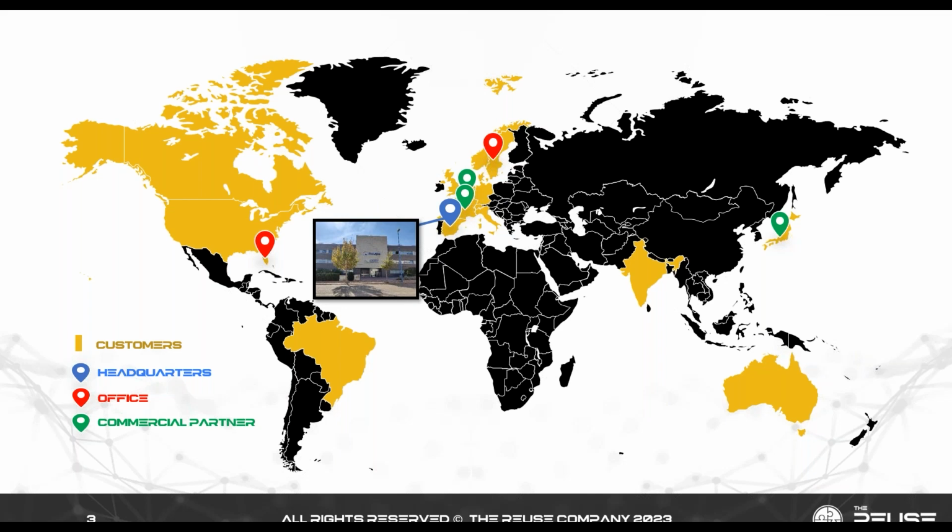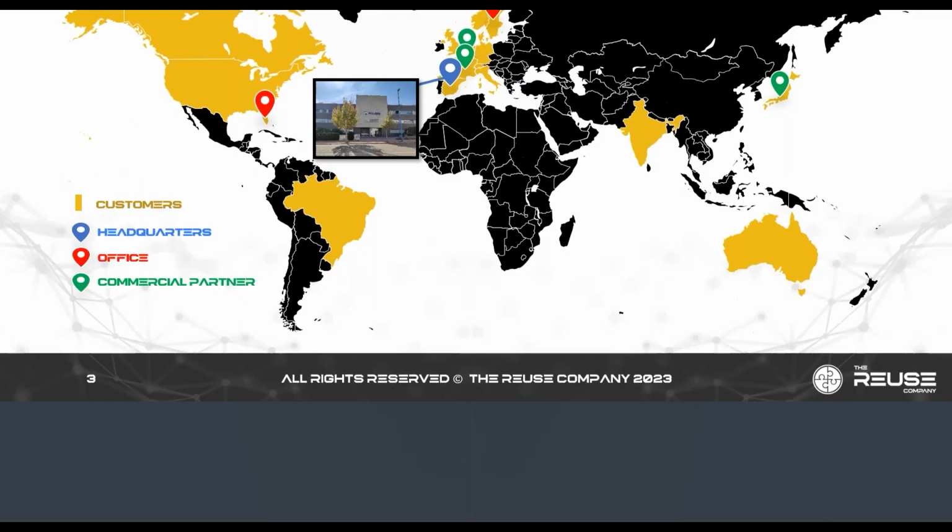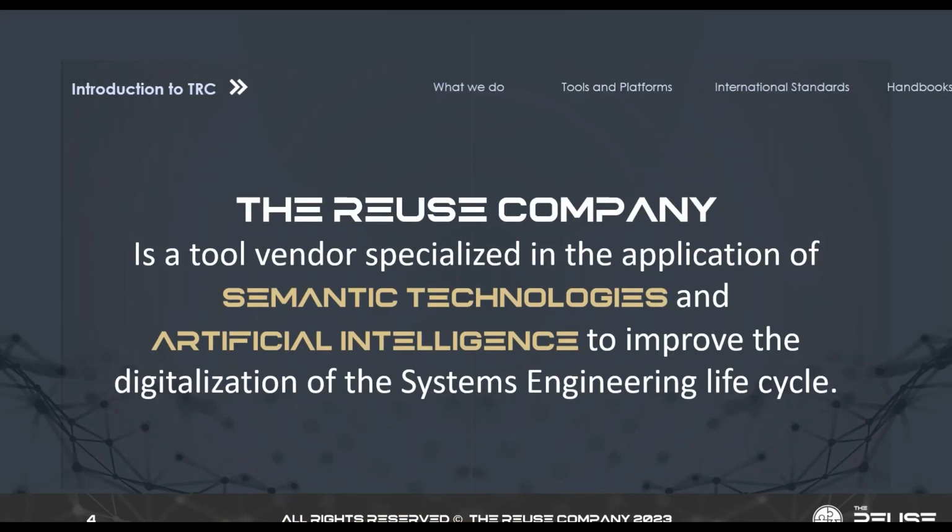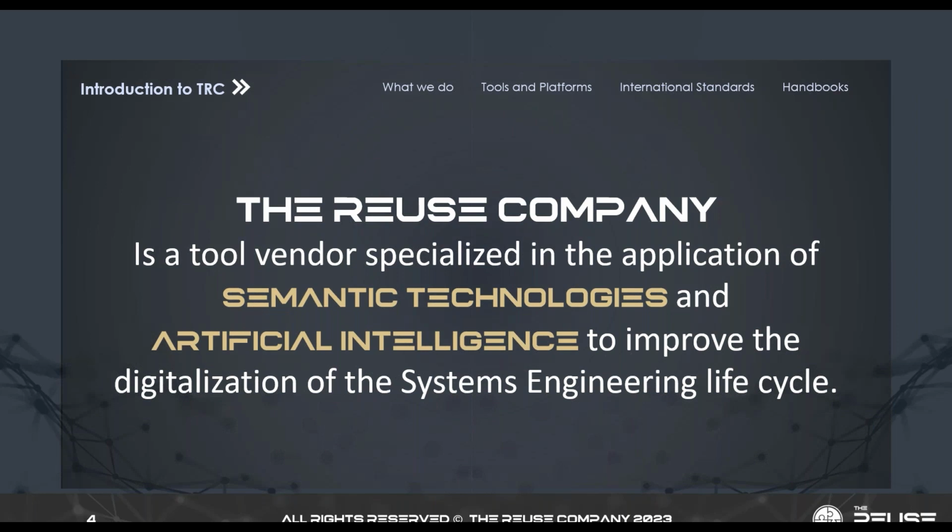As you can see here, we have users across the globe, a presence in Europe, North America mostly, and some customers in Asia, Oceania, and South America. And in terms of industry, we are targeting different industries.